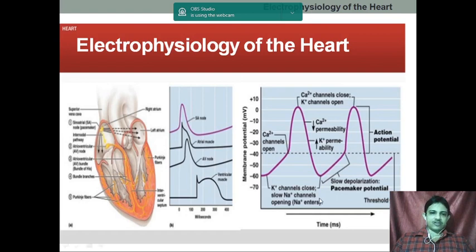And in the case of the AV node, again you can find this is the AV node, and this is the ventricular muscle. So if we plot the graph, there is a different type of conduction happening, but ultimately all the phases are there, like phase 0, phase 1, phase 2, phase 3, but of course due to the fast and slow action and the conduction velocity, it is different.